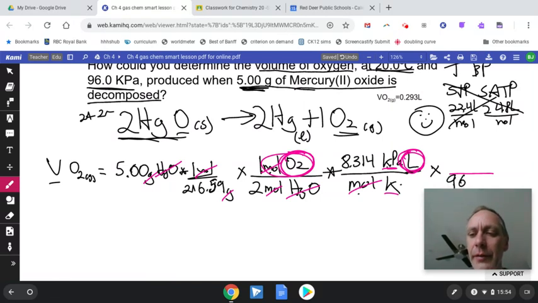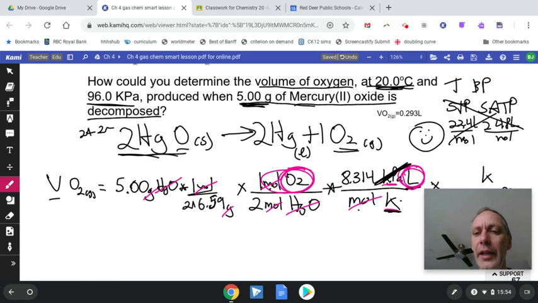Put it on the bottom so that it cancels out with the kilopascals on the top. I need to get rid of Kelvin. It's on the bottom, so Kelvin needs to go on the top. And there it is, 20 degrees Celsius. Add 273, and that becomes 293 Kelvin.